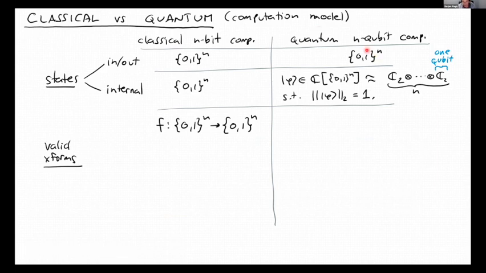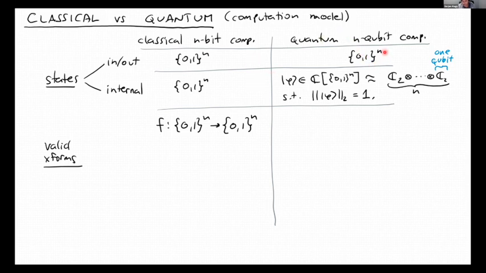Already here, there are going to be some differences between classical and quantum. For instance, I now want to distinguish between two classes of states: input and output states, and internal states. Classically, these are the same.